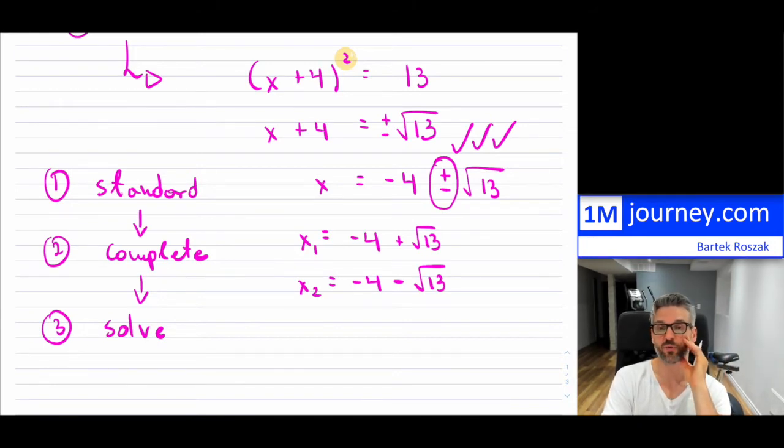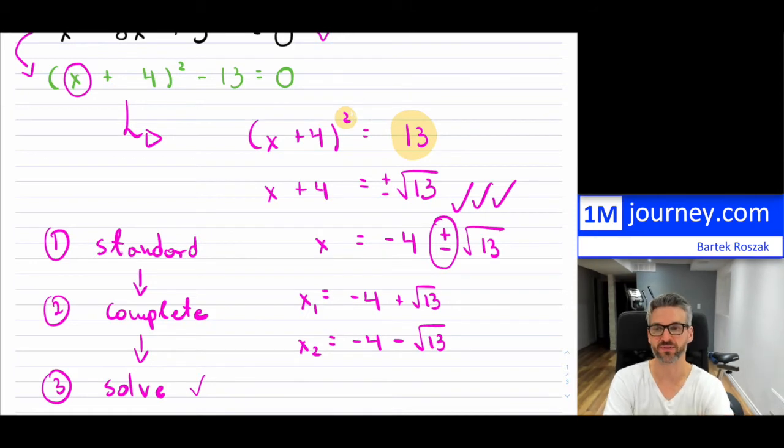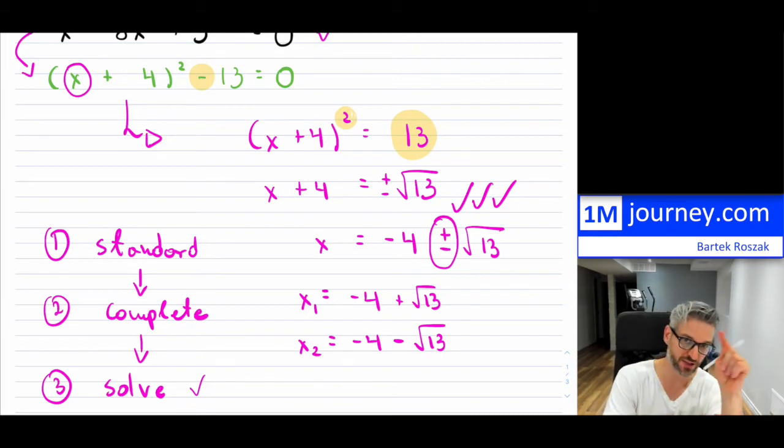Now, if for whatever reason you're trying to complete the square and then you start to solve, and you bring over your number to the right-hand side here, and if this was a negative, so let's say instead of this being negative 13 here, because if we bring this over on the other side, then it becomes positive 13.